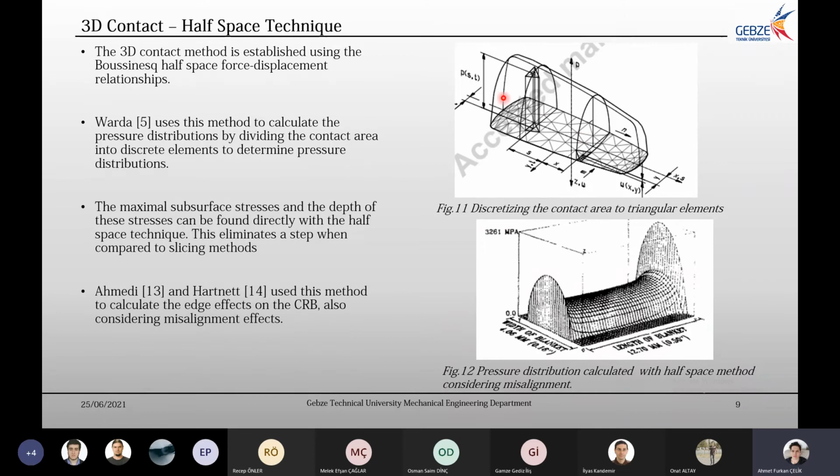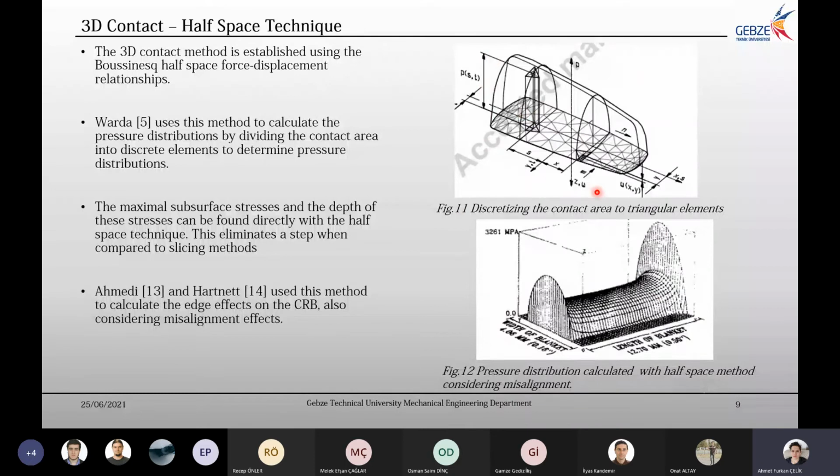Here is another method in which we divide the contact area into different triangular shapes, or whatever kind of meshing we want to use. We can use all kinds of meshes, and then we try to calculate the contact pressure with given formulas. This is also used in the literature. And there are different approaches to the 3D contact technique.